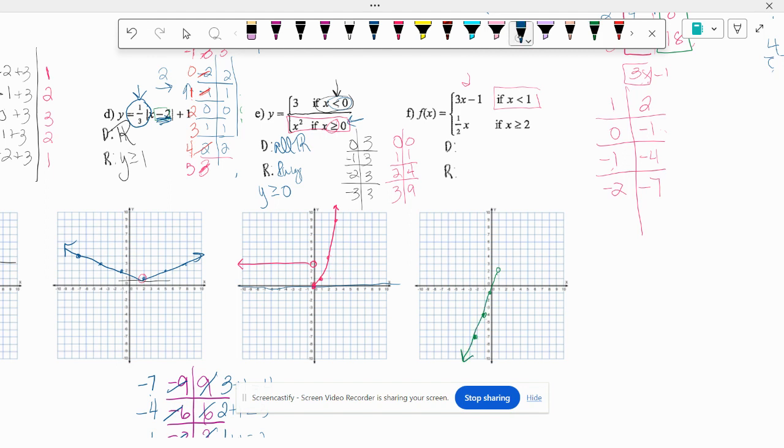Now we're going to do the second rule, and this is for all values of x that are greater than or equal to 2. So 2, 3, 4, and I'm going to throw a 6 in there just so the rule is half of x. So half of 2 is 1. Half of 3 is 3 halves or 1.5. Half of 4 is 2, and half of 6 is 3.